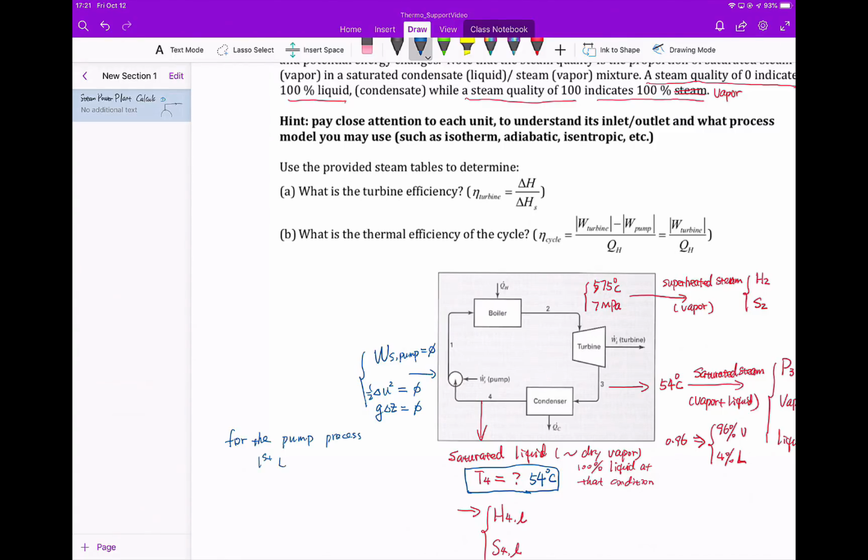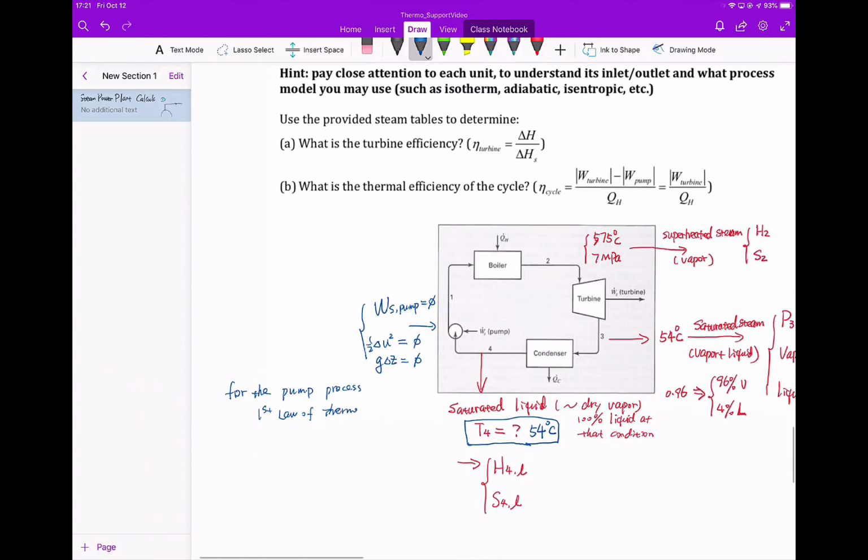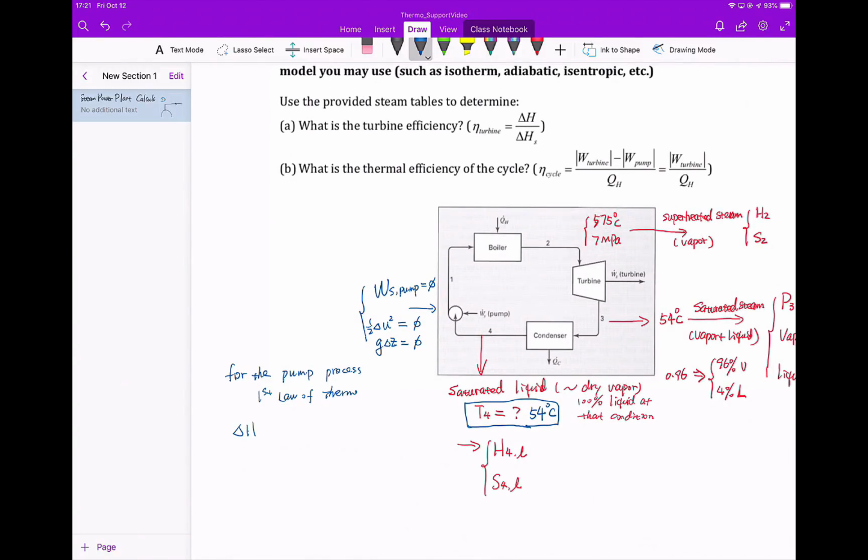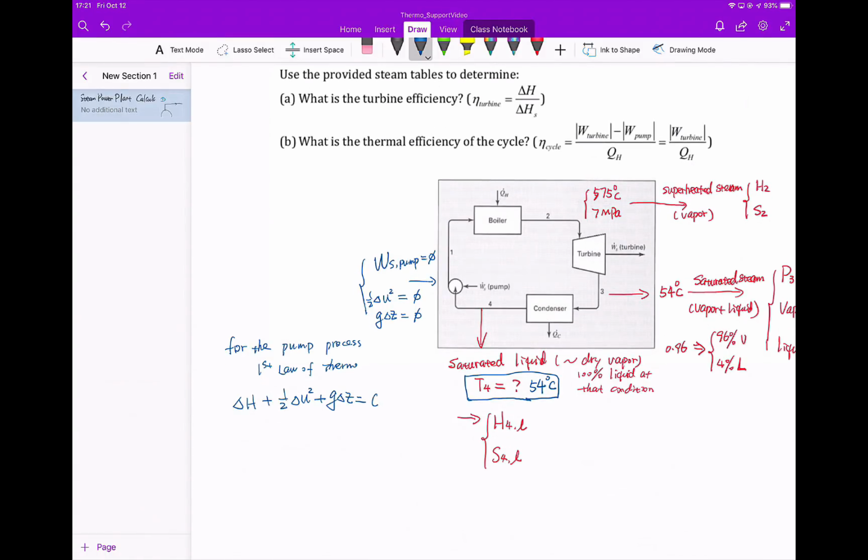first law of thermodynamics is again delta H plus half delta U squared plus G delta Z equals Q plus shaft work. Okay, so I'm going to have this as 0, this as 0, this is also 0.